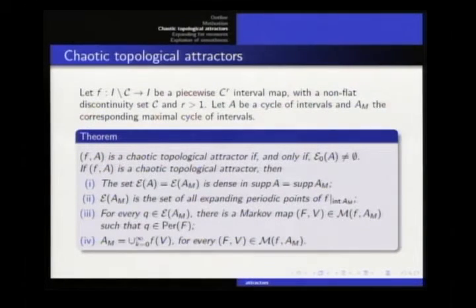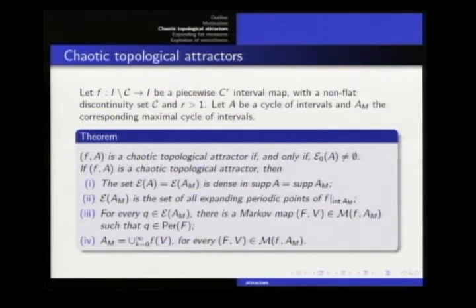So that's the reason I want to lose this finite set of points, because then this is the full set of expanding periodic orbits. For every periodic point in this set, we also have a Markov map such that this point is contained in the periodic points of the Markov map. So here I got all the expansion that I need. Starting with this periodic point, we are able to get the Markov maps, and here for points that are dense in the attractor.